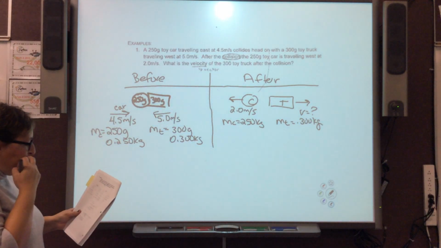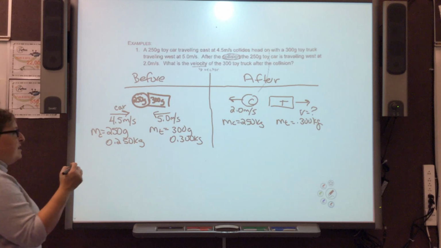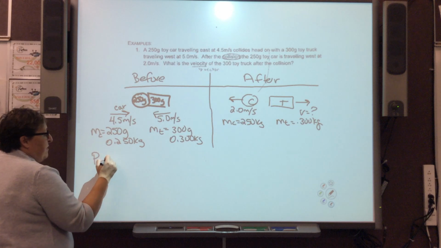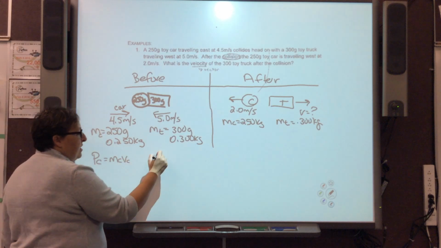Okay, velocities. The first thing that we need to do after we draw this is calculate the momentums that we can calculate. And how do we figure out momentum? P equals mv. So we have momentum of the car equals mass of the car times the velocity of the car.